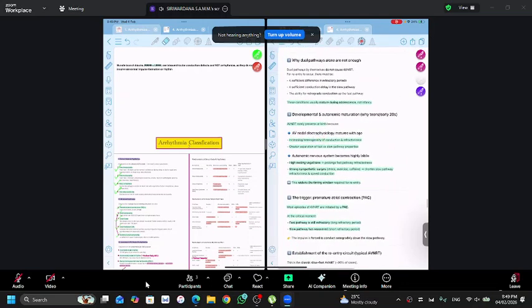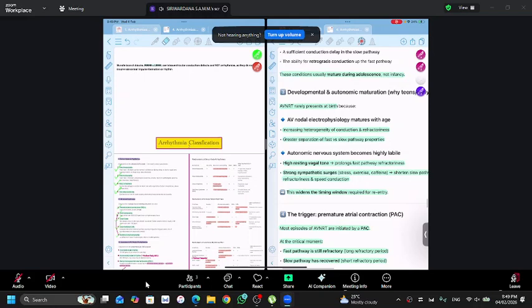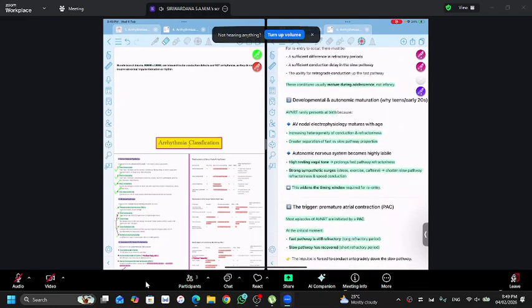There is increasing heterogeneity of conduction and refractoriness as you mature with age, and a greater separation of fast and slow pathway properties. When you reach adolescence, the autonomic nervous system becomes highly labile as well. You have a high resting vagal tone, which prolongs the fast pathway refractoriness, and strong sympathetic surges, such as stress, exercise, caffeine. You start taking caffeine in adolescence, you usually start getting stress during adolescence, and you start exercising during adolescence.